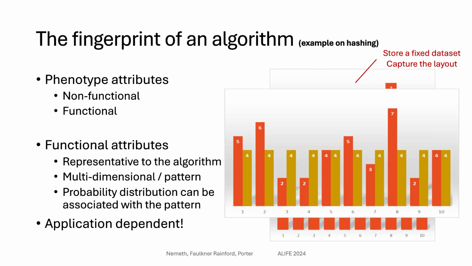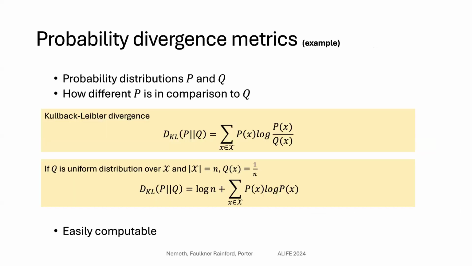The other cornerstone of this solution is how we measure the divergence of two distributions. Again, it is just an example here. Such probability divergence metrics exist, numerous of them. This Kullback-Leibler divergence that we applied is just an example, and I won't explain the details. What is important here is it is easily computable.